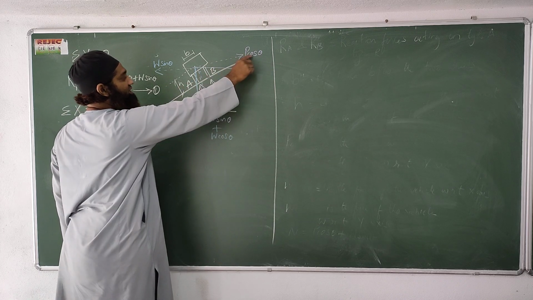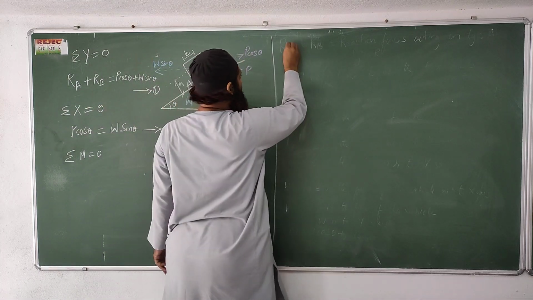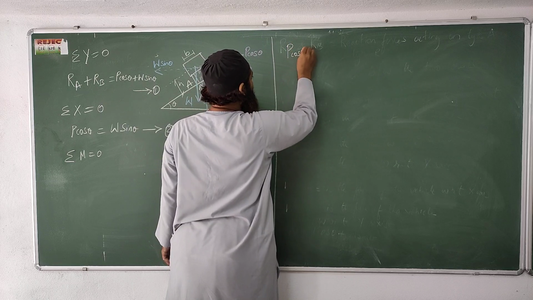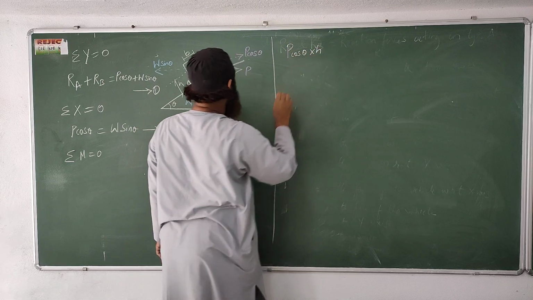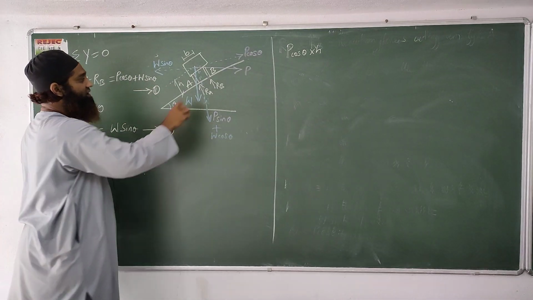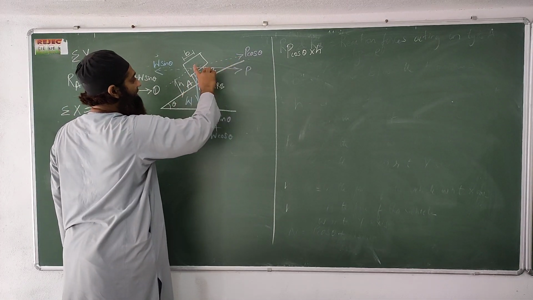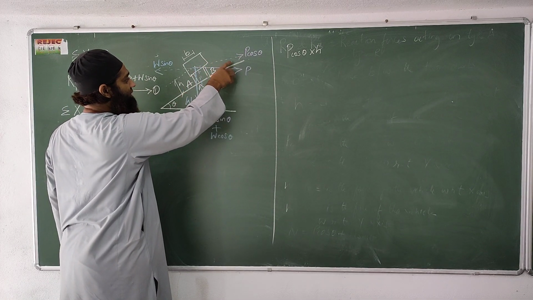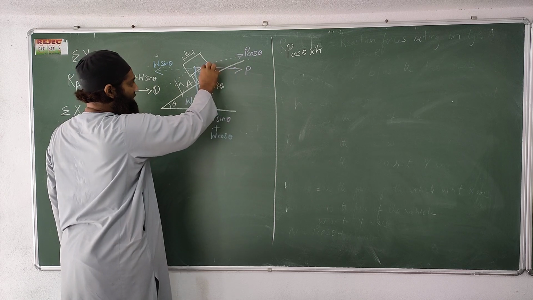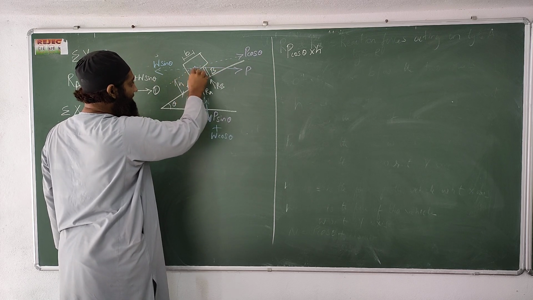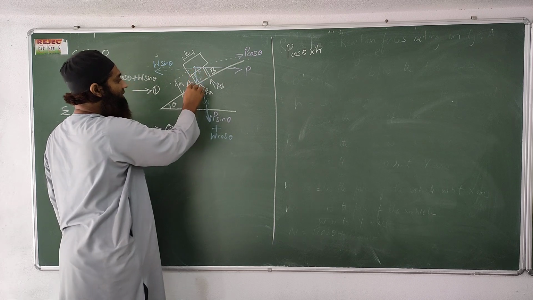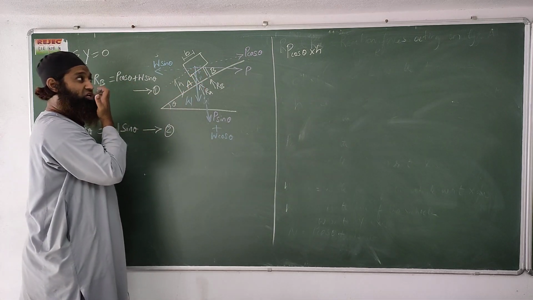So P cos theta is acting in the right direction. I am taking it as positive P cos theta into h. This h, as I had told you, is from the center of the vehicle to the surface of the pavement. So P cos theta into h.